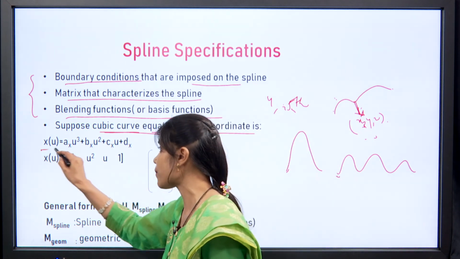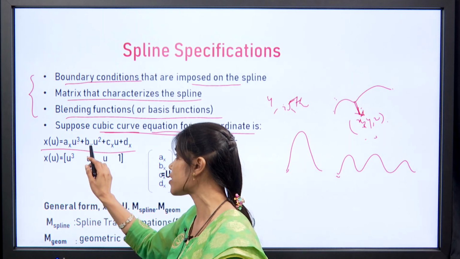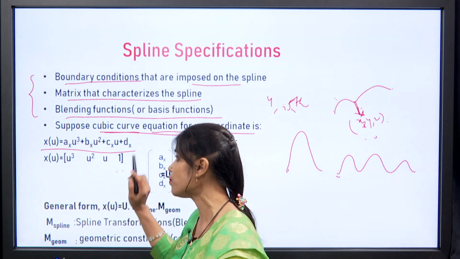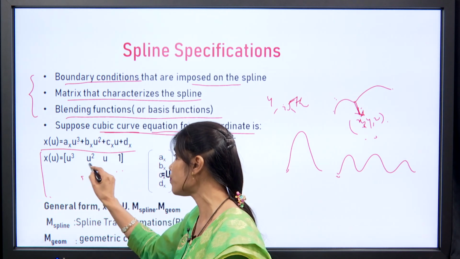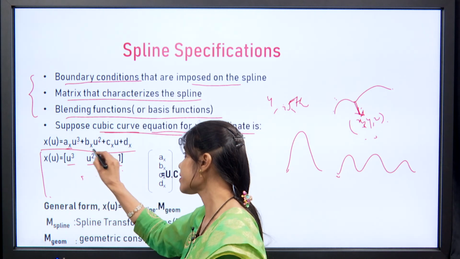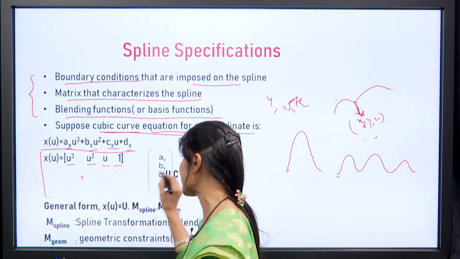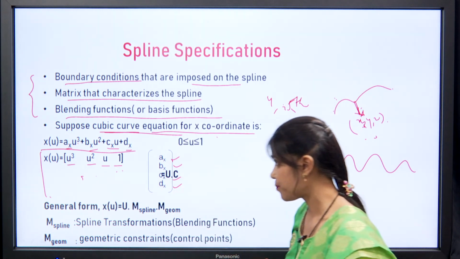Suppose the cubic curve equation is written like this for the x coordinate: ax u cube plus bx u square plus cx u plus dx. In matrix form, it can be written as u cube, u square, u, 1, and these 4 parameters ax, bx, cx and dx.